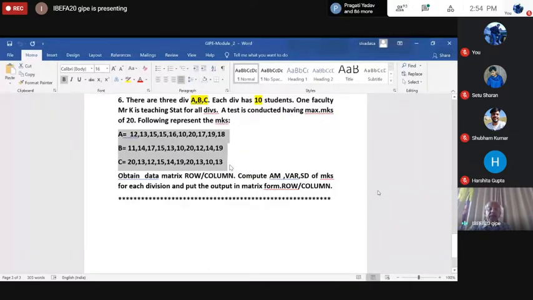Marks are noted. At a time, compute mean, variance, standard deviation for each division. Represent it in matrix form. Either start with a row matrix and do the work, or a column matrix and do the work.